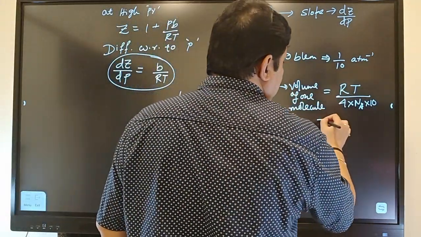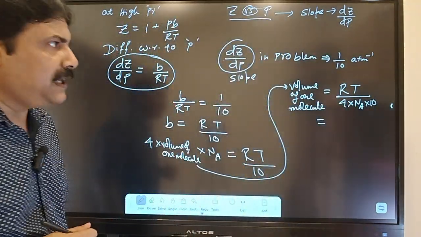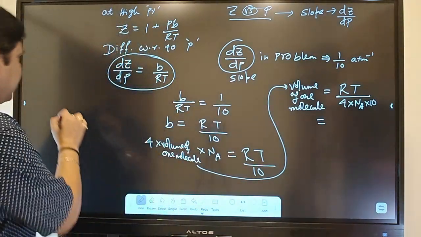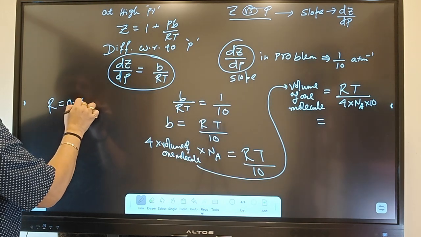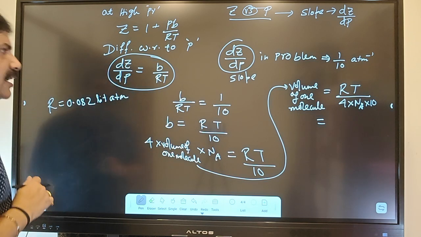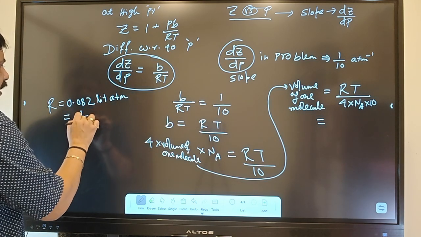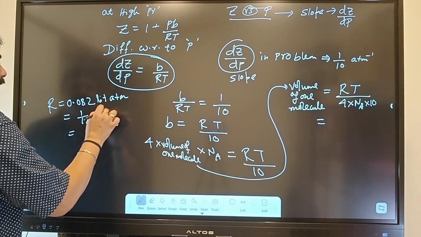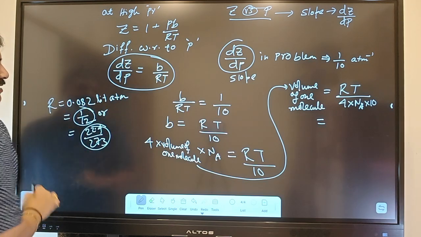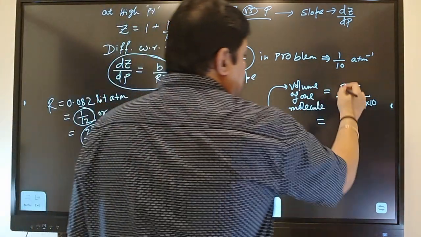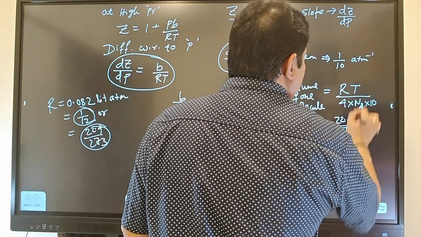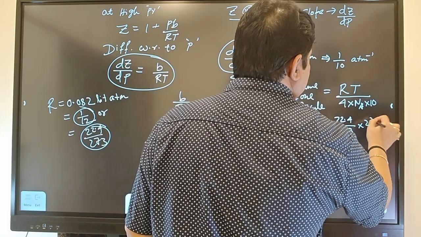Now R in liter atmosphere, if you put it, will come 0.082 liter atmosphere. So instead of this I can utilize 22.4 by 273. Instead of R I am putting 22.4 by 273, and the temperature is also there, 273.